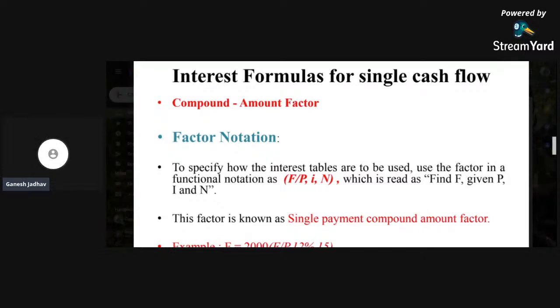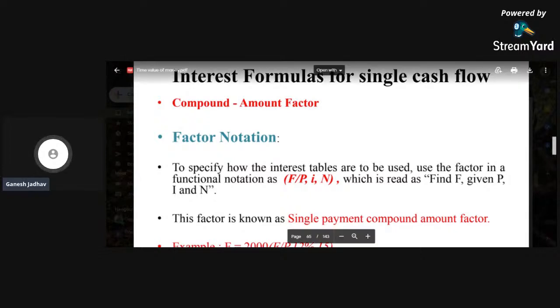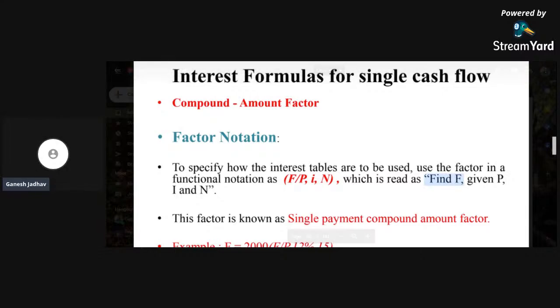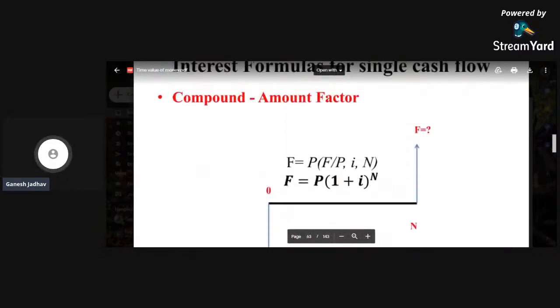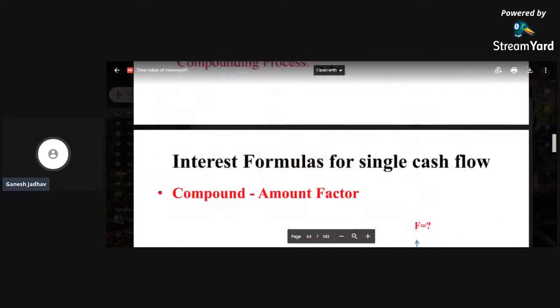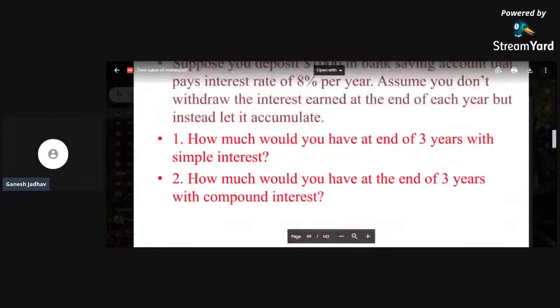It reads as finding F whenever P is given. That is called the compounding process.